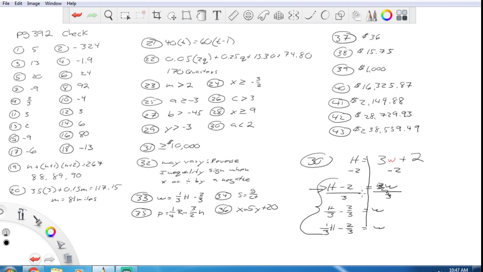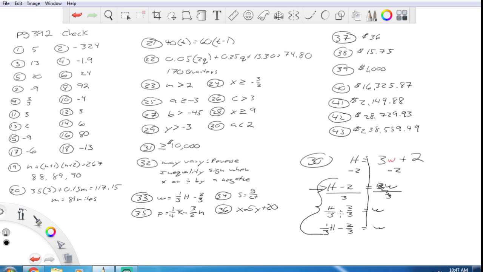But this is easy for me to work with compared to the other ones, really. So you might have had a different notation for it, but all three of these mean the same thing. One isn't necessarily better than the other. It's just personal preference at that point, I guess.